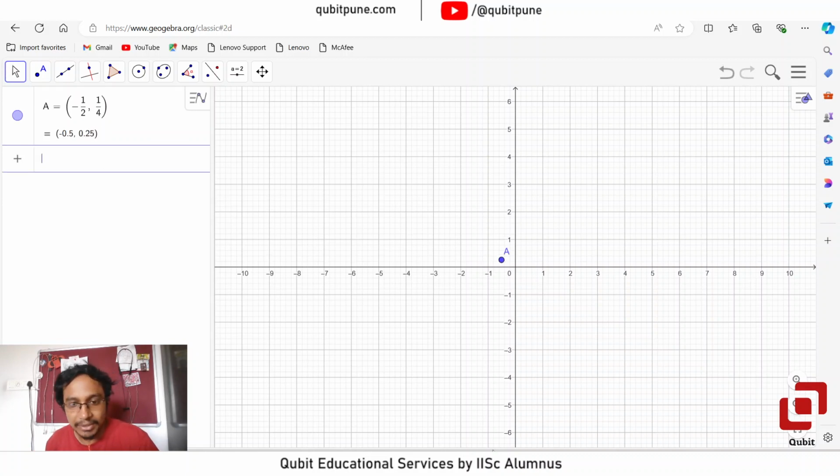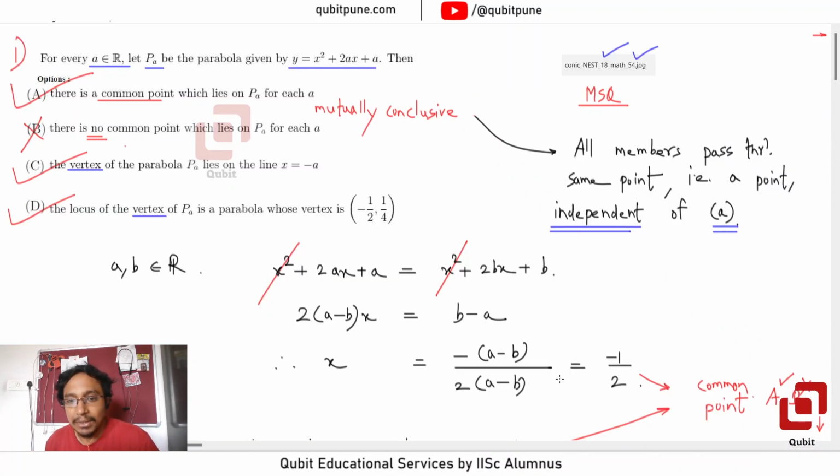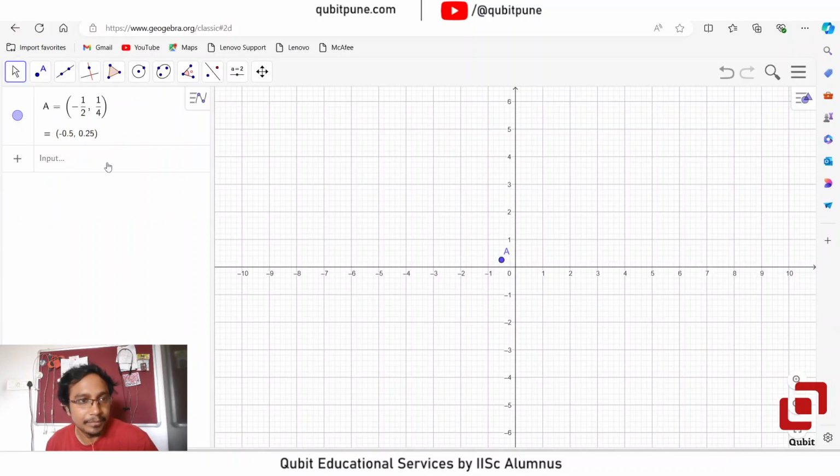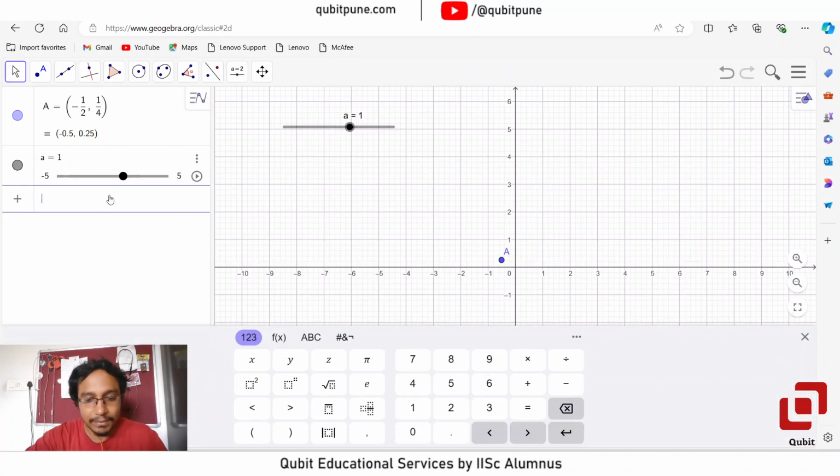That is our point A. And now let's enter y equal to x squared plus 2ax plus a.